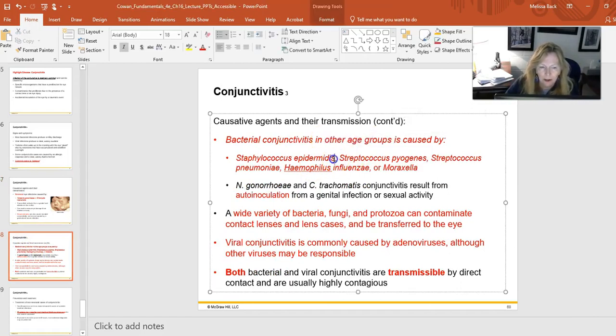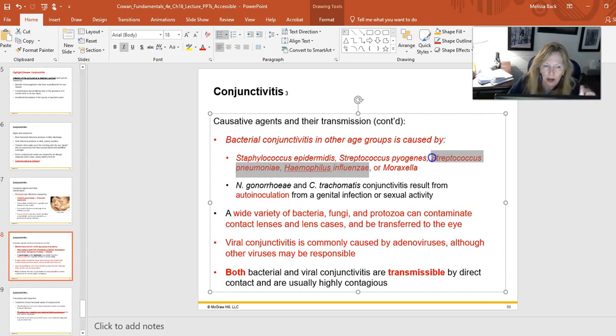It's typically due to Staphylococcus epidermidis, which is part of the normal flora in the skin. Typically, this is fairly mild. Now, if it's due to ones that are more virulent, like Streptococcus pyogenes, Streptococcus pneumoniae, Haemophilus influenzae, Haemophilus influenzae and Streptococcus pneumoniae are really the most common bacterial causes in other age groups other than babies. These are the most common.